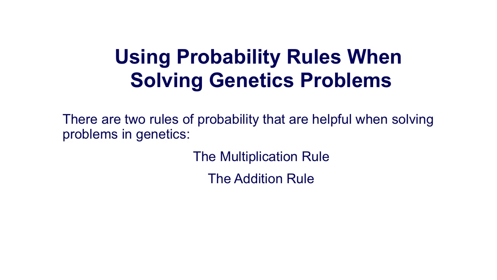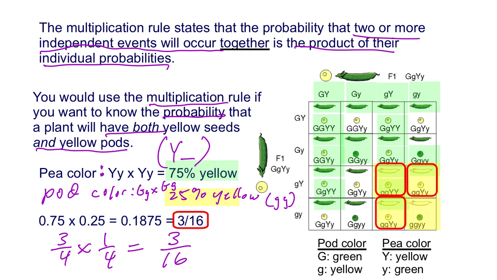So there's 2 rules, and the only rule I use is the multiplication rule. The multiplication rule states that the probability that 2 or more events will occur is the product of their individual probabilities. That's all I want to know from this.